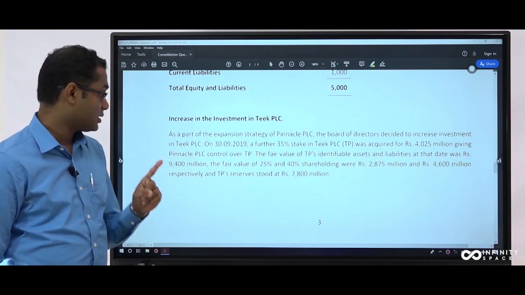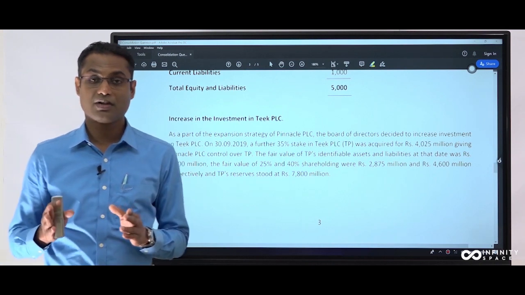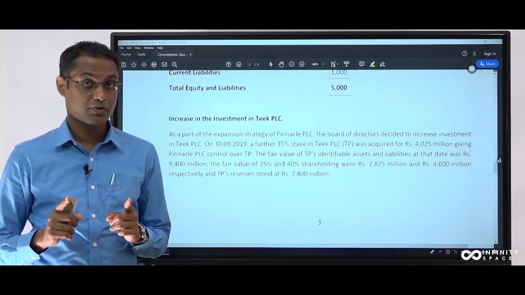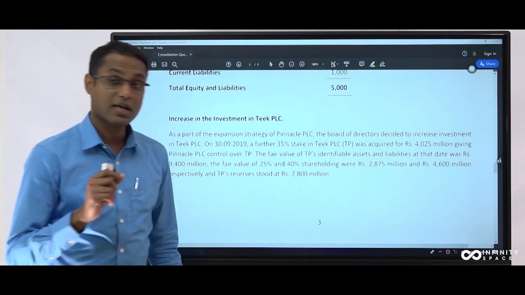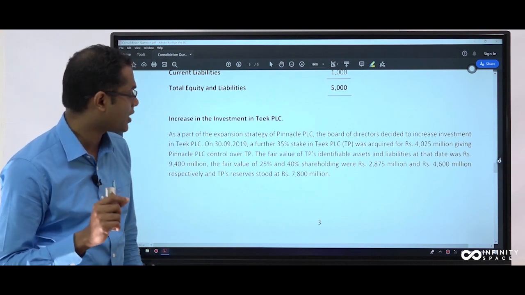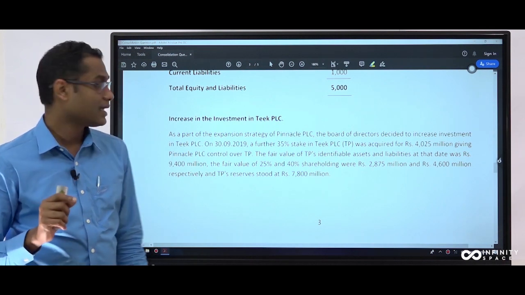This is important. On 30th September 2019, during the current financial year after 9 months, a further 35% stake in Teak PLC was acquired for 4,025 million, giving Pinnacle PLC control over Teak PLC.